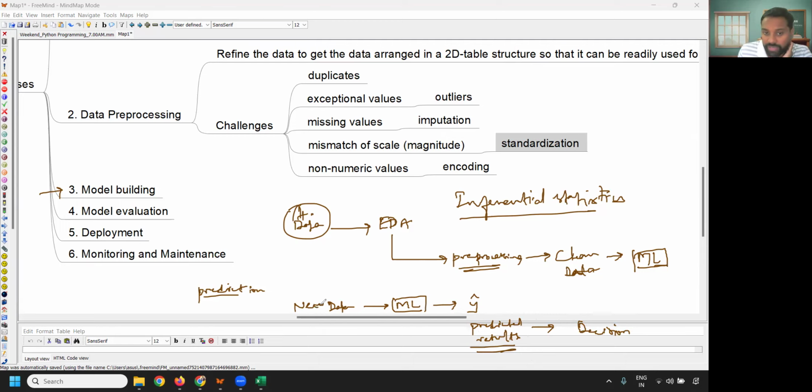But when we talk about new data, it will be in the same schema, right? The same format as your historical data. Right? What is a schema? What do you mean by schema?